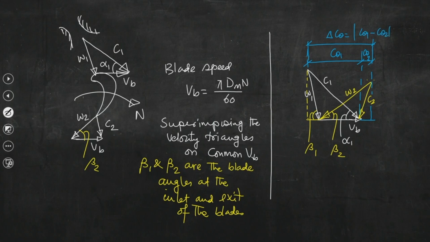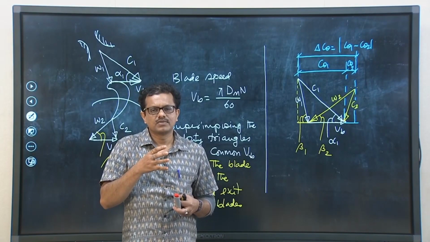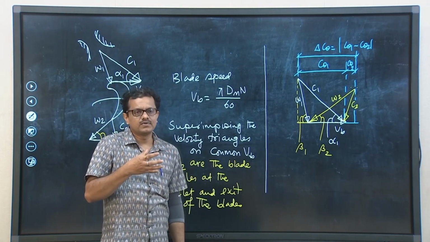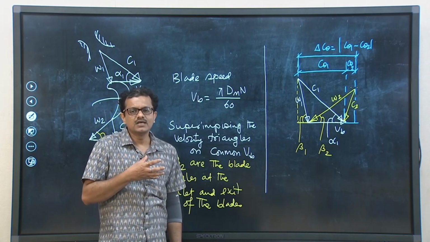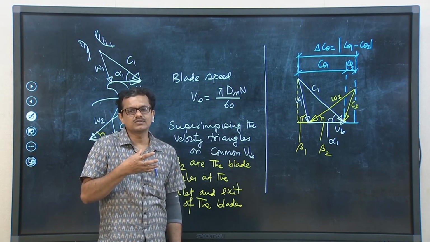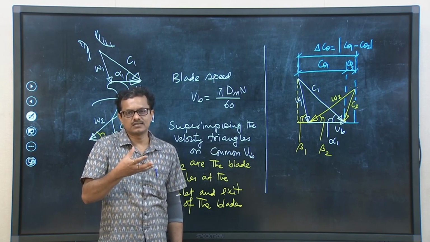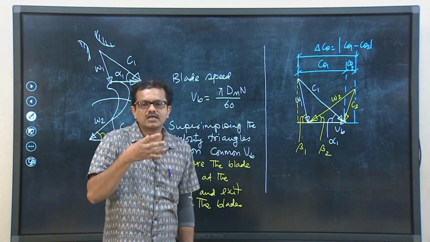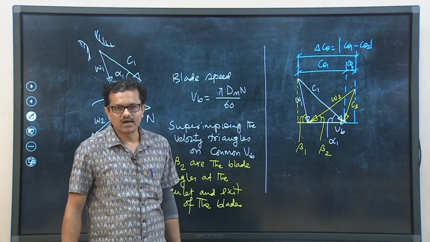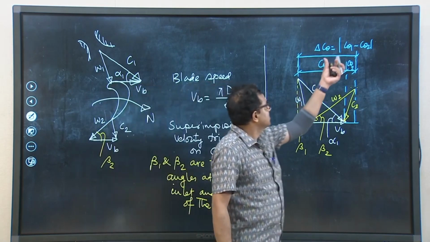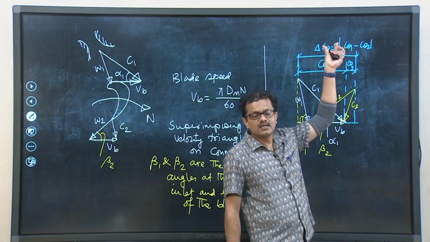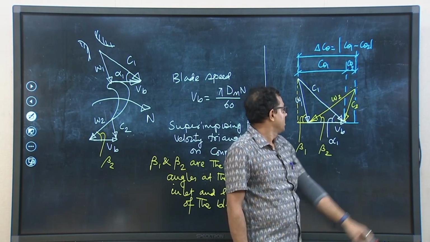So, the change, or the difference in the tangential component of absolute velocity, is responsible to produce tangential thrust, and that thrust would give rise to the torque and we will be getting work. So, this quantity is very important to estimate the work done by the jets on the blades.